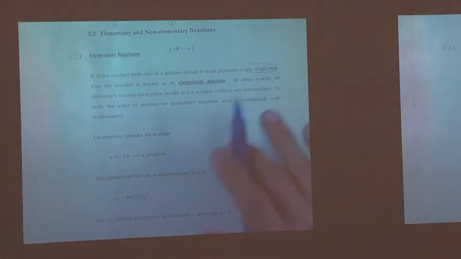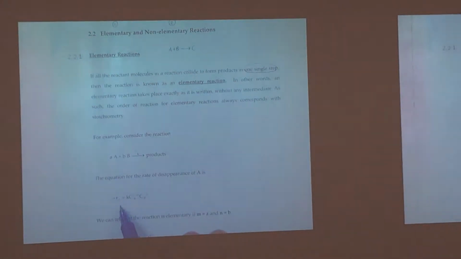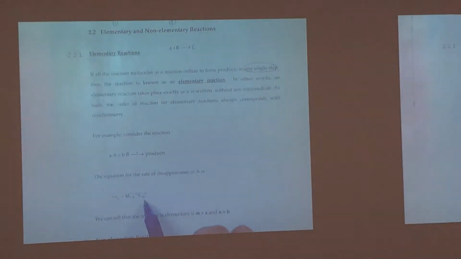If this is an elementary reaction, when you want to write the rate of reaction, it is very straightforward. The rate of reaction will be, minus rA equals k times CA^m CB^n.